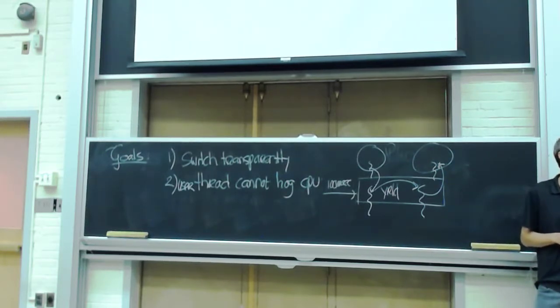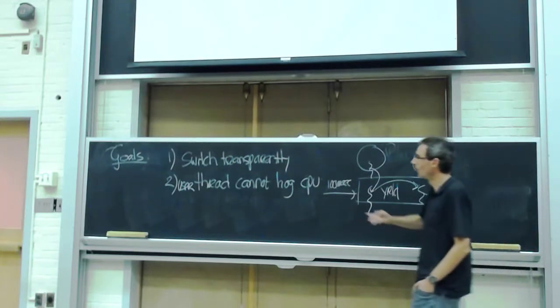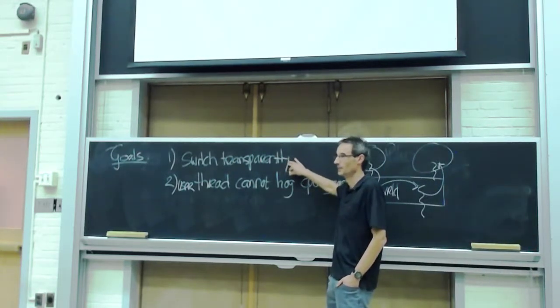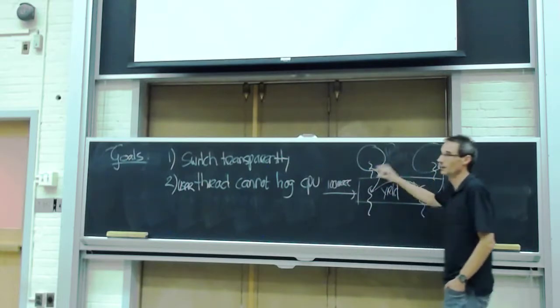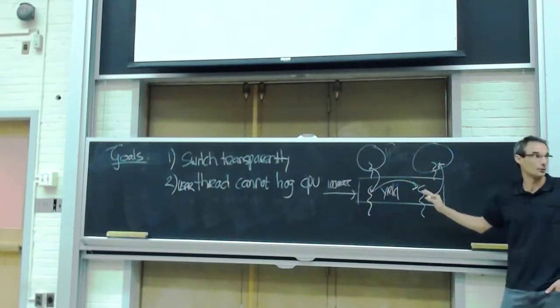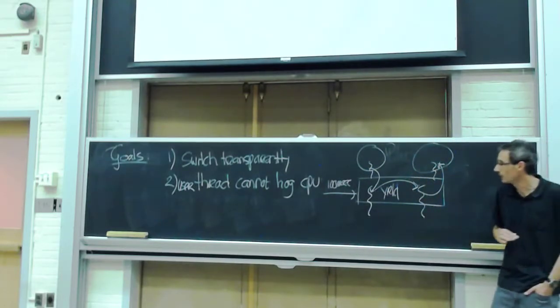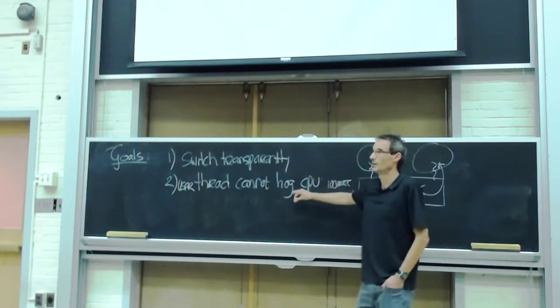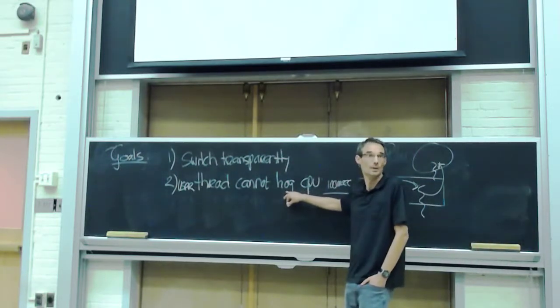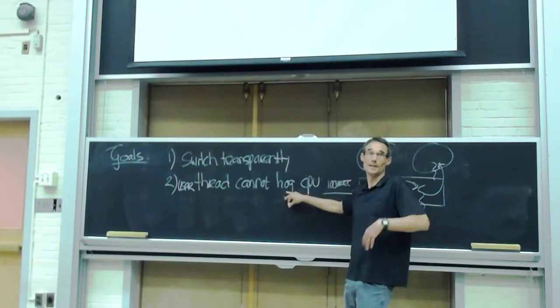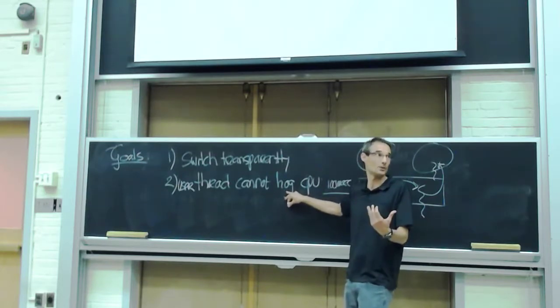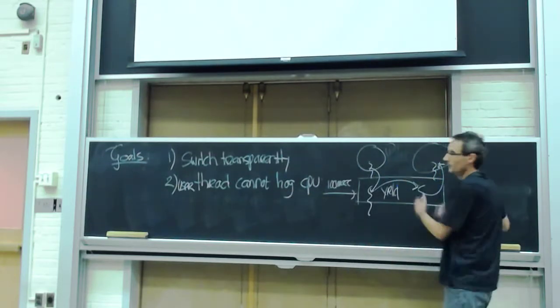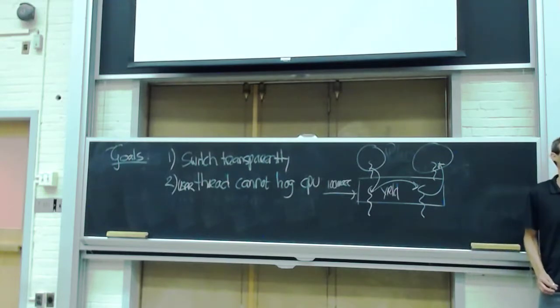And so this gives us the basic two goals. We're switching transparently. The application is not aware that this switch is happening. The kernel arranges it behind the background. And we also arrange that the program cannot hog the CPU. It can hog the CPU during its time slice, during the period that it is allowed to run, but it doesn't stop anybody else from running.